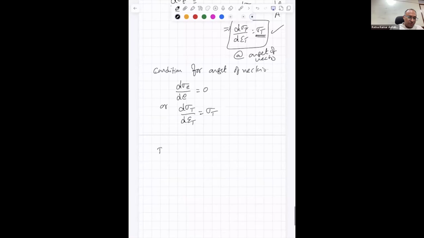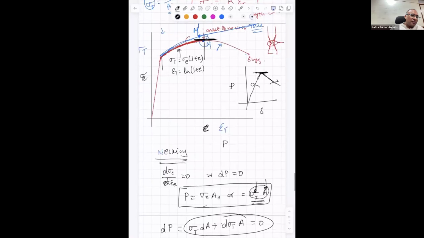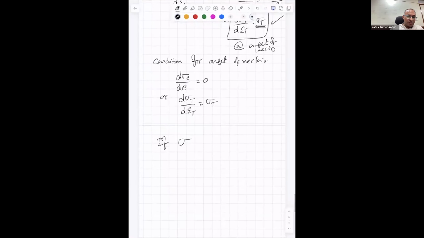Now, if the power law is representing the response, if sigma T is equal to K epsilon T power n, and that is the response until the onset of necking, then I can write d sigma T by d epsilon T is equal to K n epsilon T power n minus 1, right?